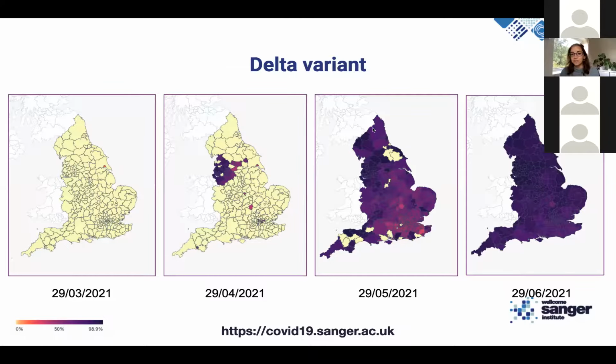Two months later, as you can see from the heat map, the incidence has increased considerably. And 3 months later, the country was dominated by the Delta variant. We could see this spread very clearly because of the whole genome sequencing, and we were able to detect this very rapidly because of the good geographical coverage.